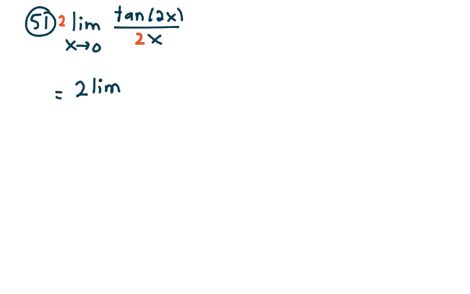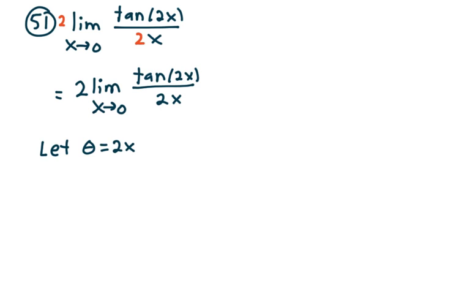So this is 2 times the limit as x goes to 0 of tangent of 2x divided by 2x. Now, what I'm going to do is I'm going to let theta equal 2x. Now, theta goes to 0 as x goes to 0, right?